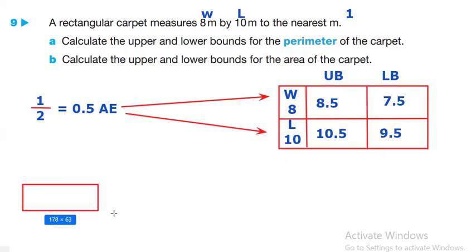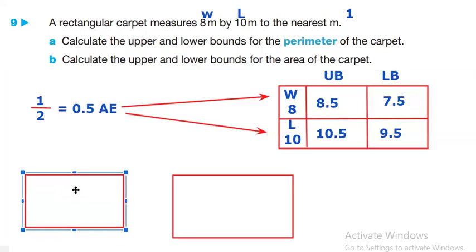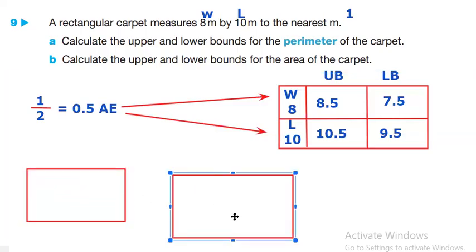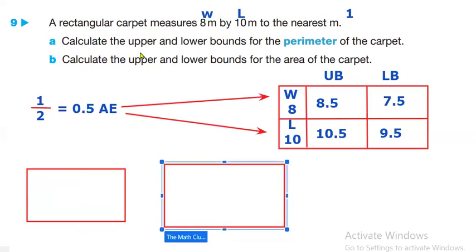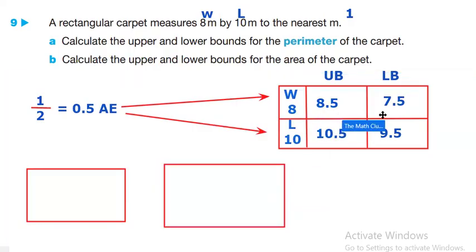So the small carpet and the big carpet, like this. This will help me find the measurements that I want, okay? So let me take this here. This carpet is the lower bound carpet, and this is the upper bound carpet, because I have a big carpet and a small carpet here. The small one will be what by what? I'll take the lower bounds and put them here.